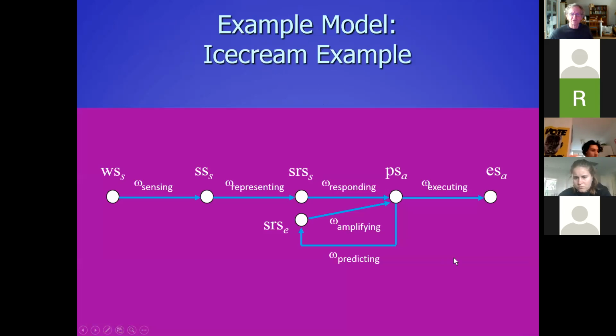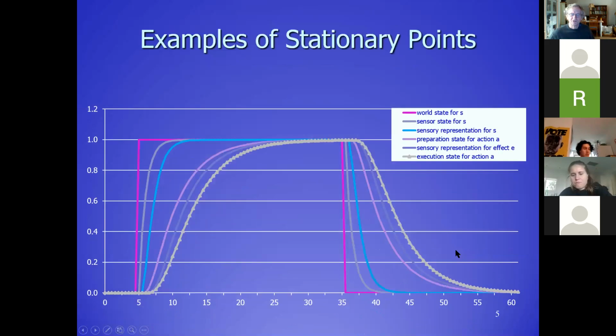So I will illustrate some things with the ice cream example that you still will know. You see some ice cream on the other side of the street and you can go there to buy it. This is an example simulation of that model, and I will point at some stationary points.